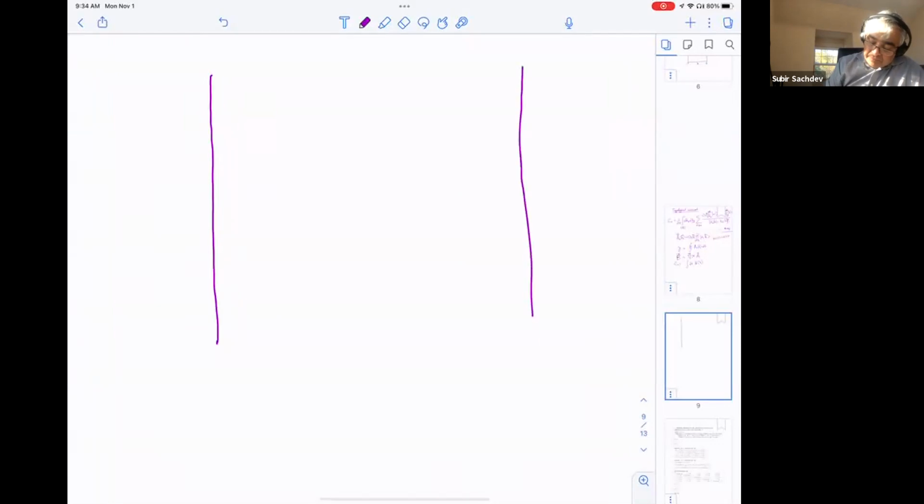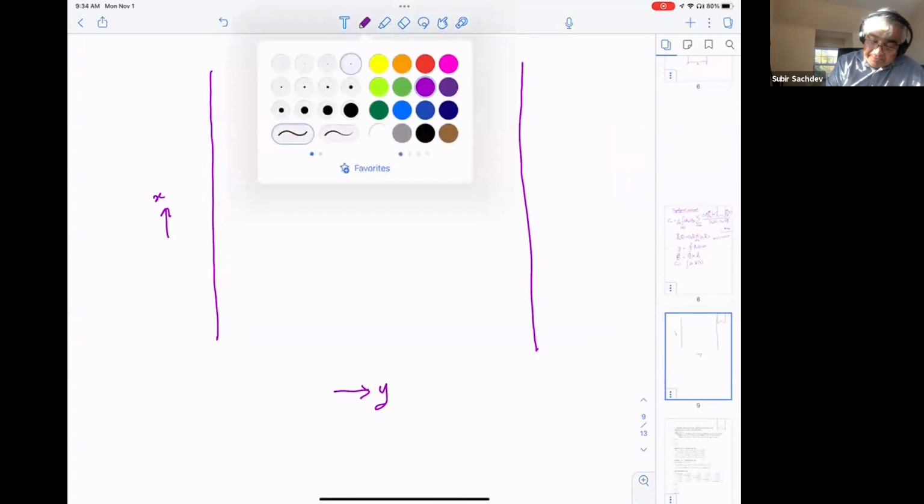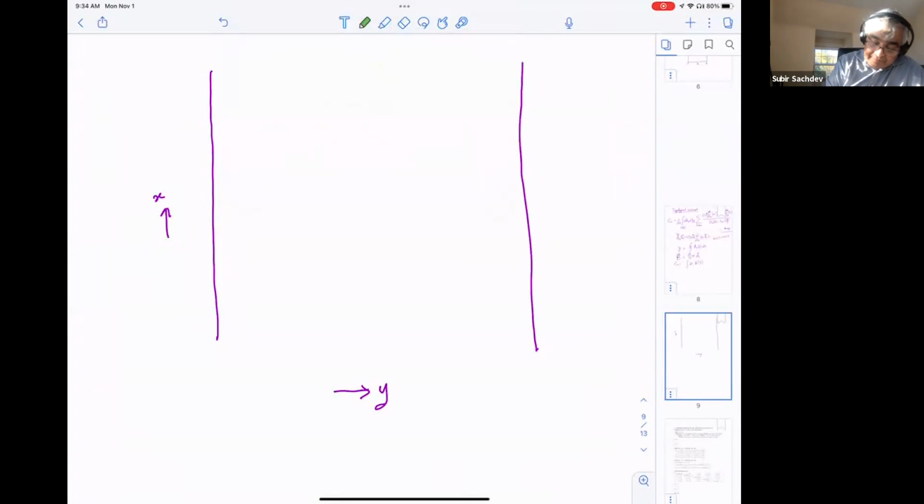Let's call this direction ky. This is the physical direction y, and this is x. And then I have my lattice. So I have some lattice here.